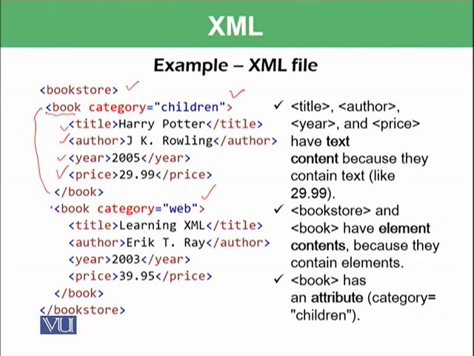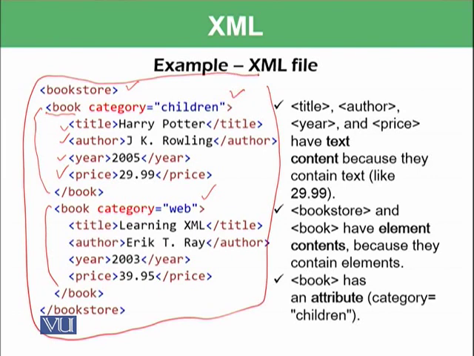And then there is another record of another book that has certain other elements. When you read this XML code, you very easily understand that this information is representing some books, and those have certain elements such as title, author, year and price.